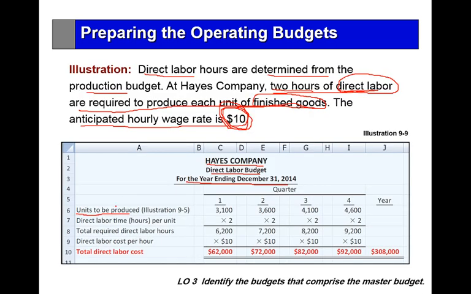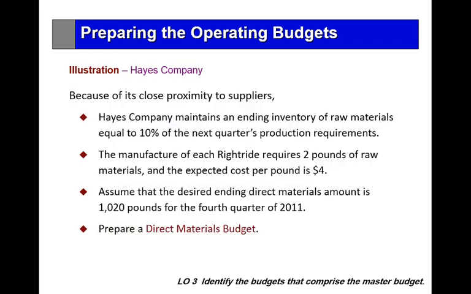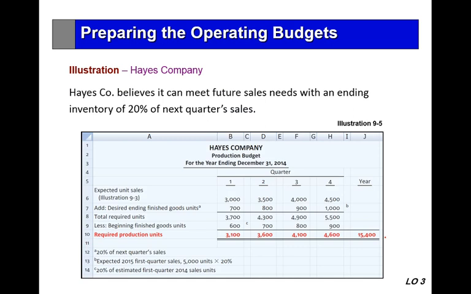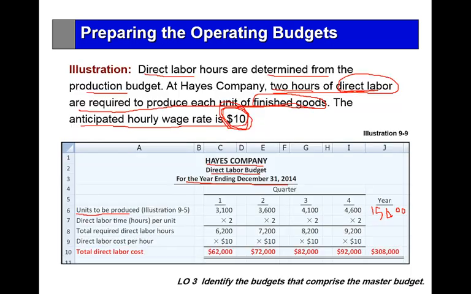The same is for the direct labor budget: 3,100, 3,600, 4,100, 3,000, 4,600, which total 15,400 units from the production budget, the total units to be produced for the coming year.